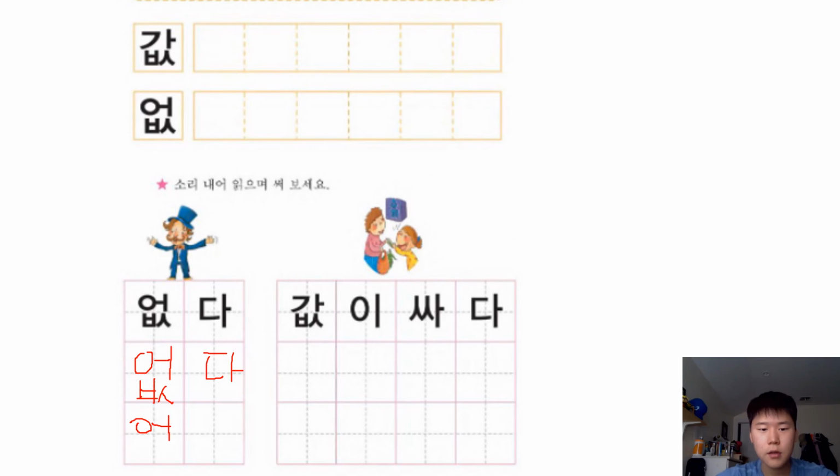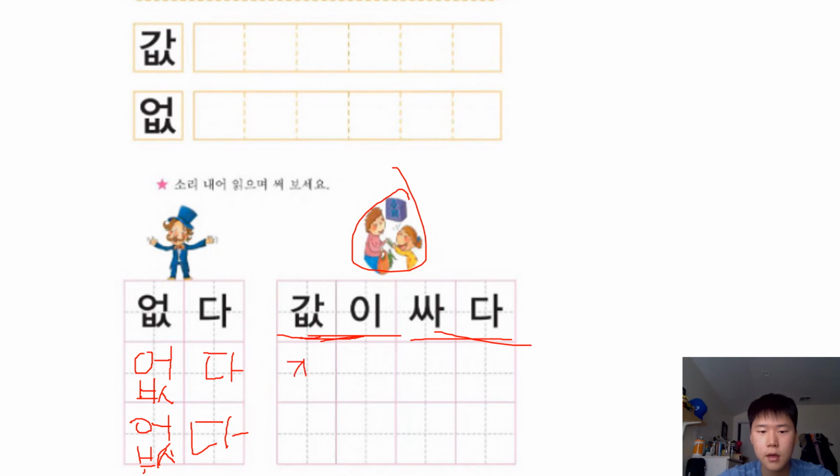Like this magician, he made something disappear, so it's not there, it's 없다, right? Right, and then there's 값이 싸다, which means it's very cheap. What they're trying to buy is very cheap. So the word 값 means price, and then 싸다 means cheap, right? So 값이 싸다, right? So 값.